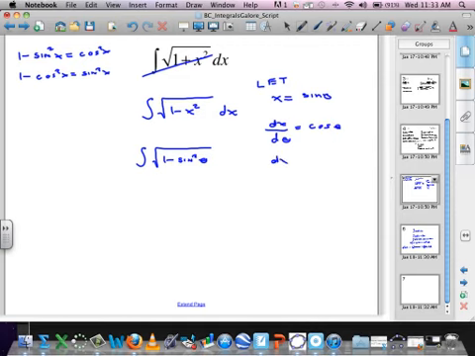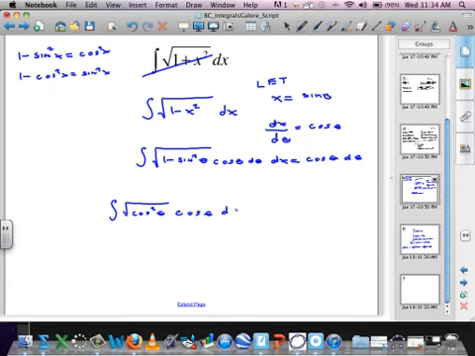Okay, and that means our dx gets replaced with cosine theta d theta. Now, 1 minus sine squared is cosine squared theta. We have a cosine theta on the outside and a d theta.